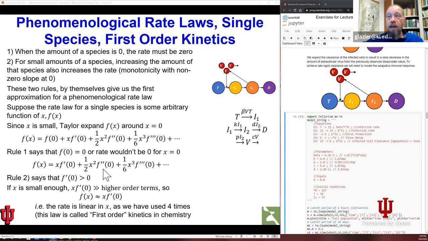And so that means that the highest order term I have is x times f prime of 0, which is positive. And if I assume x is small, all of these other terms are smaller. And if I neglect them, I get all these linear functions. And so that's the mathematical argument why you use linear functions.